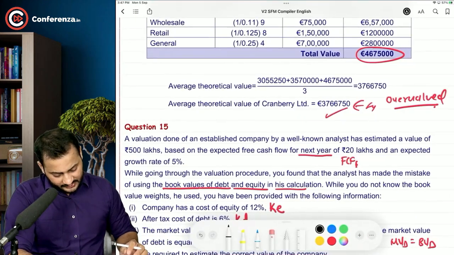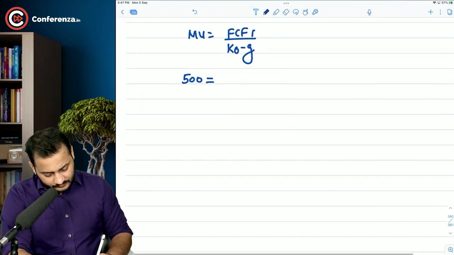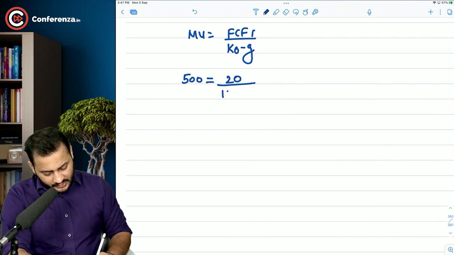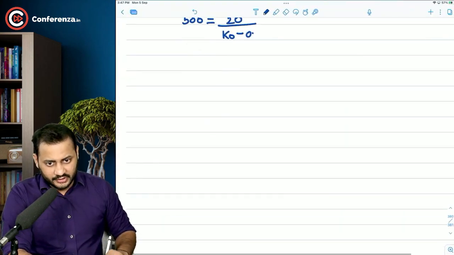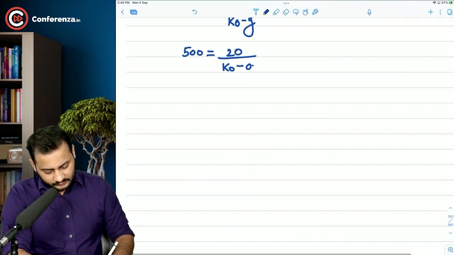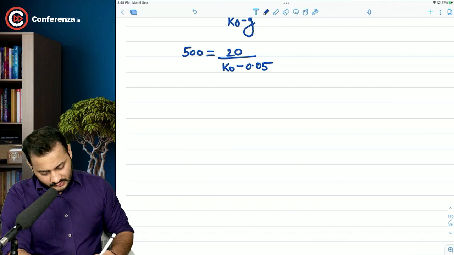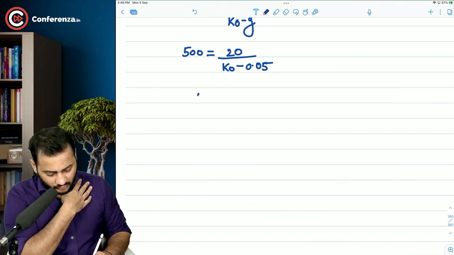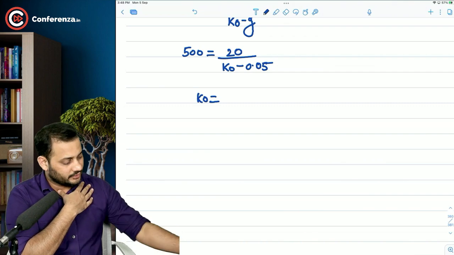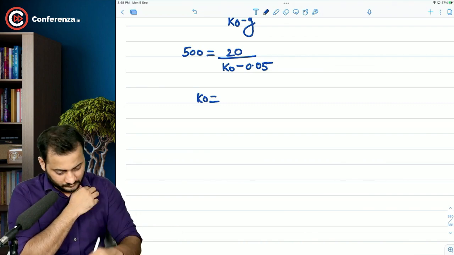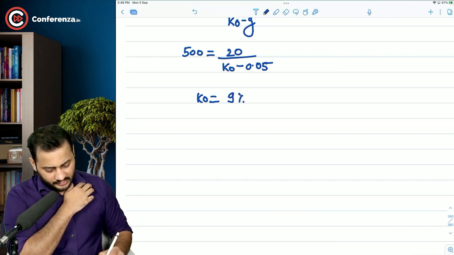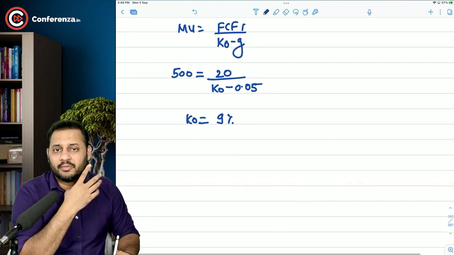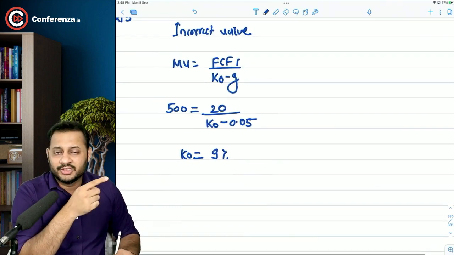So 500 lakhs and 20 lakhs, divided by the overall cost of capital, which we don't know yet, but the growth rate is 5%. With the help of this, we can calculate the overall cost of capital as 20 by 500 plus 0.05. That's 9%.